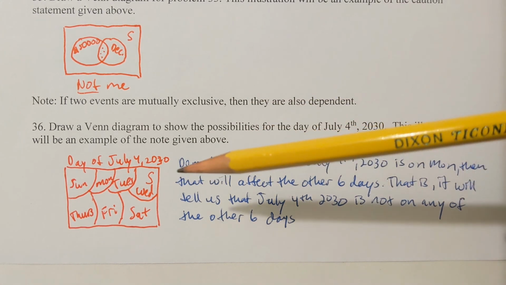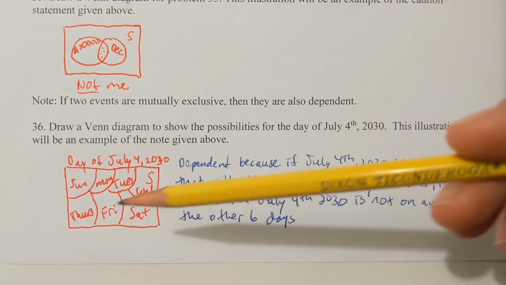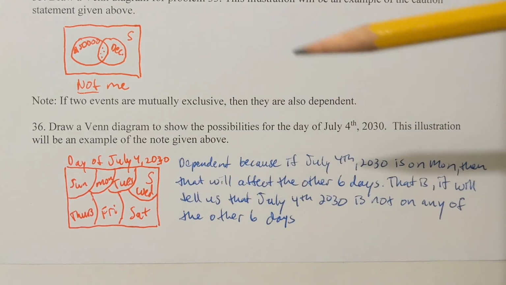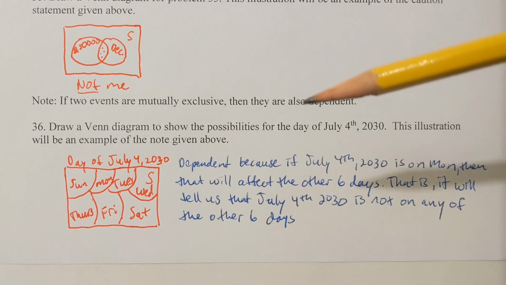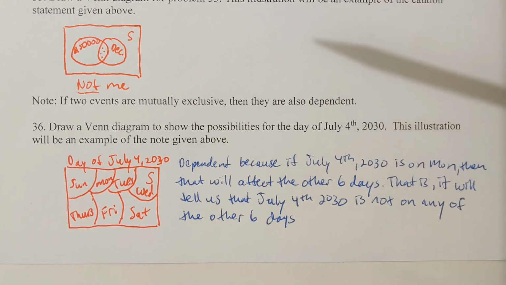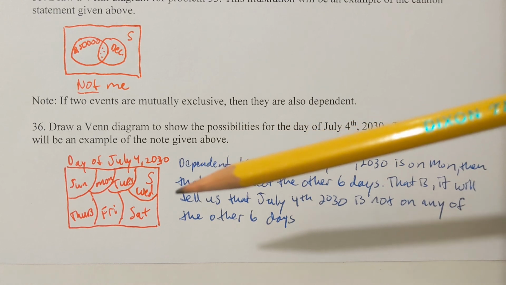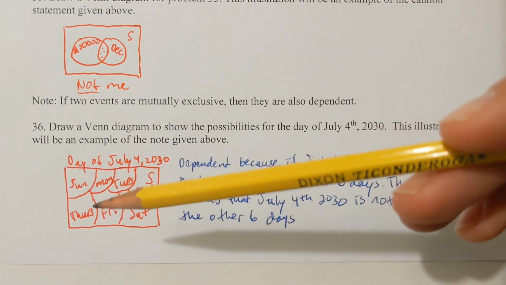July 4th, 2030 is going to fall on one of these 7 days. I don't want those to overlap, because days don't overlap. So clearly, I'm going to have mutually exclusive events, because the days don't overlap.